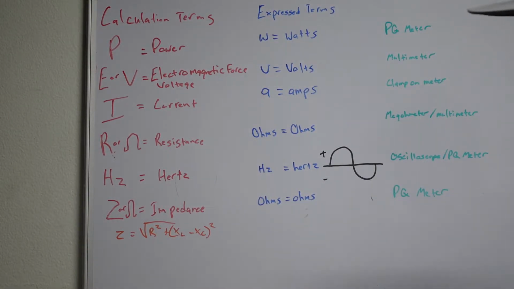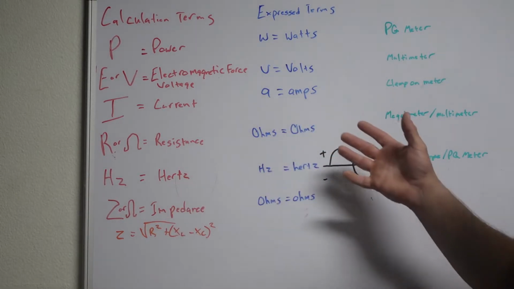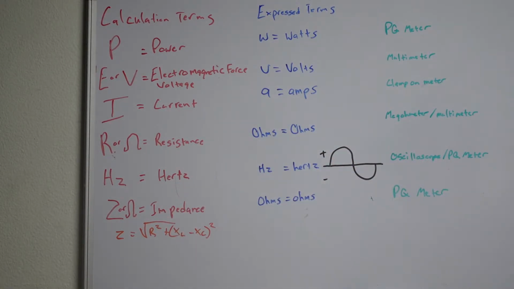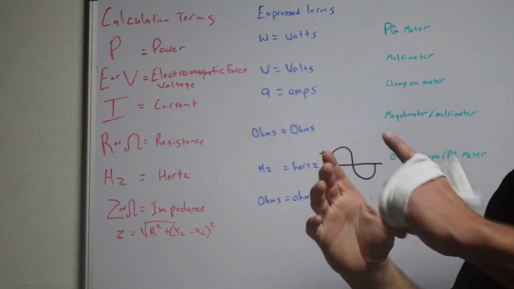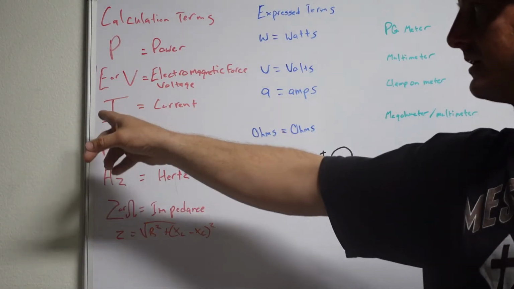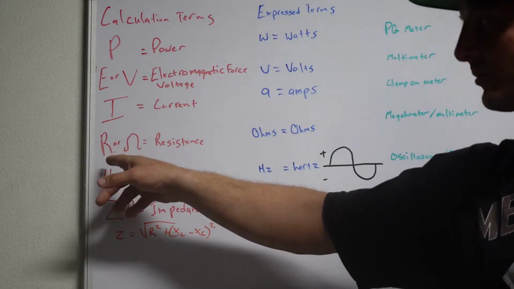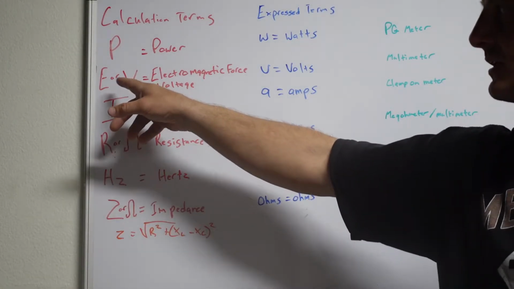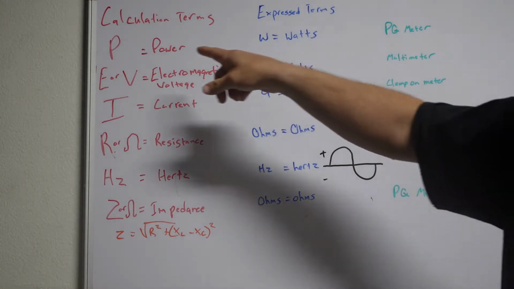So it's important to understand in calculations and express terms that there is a difference. When you calculate things, you'll see the Ohm's Law wheel, and it'll have P, typically E, I, R, not usually Z. It'll normally be R, and sometimes the E will be a V, but those have specific meanings.